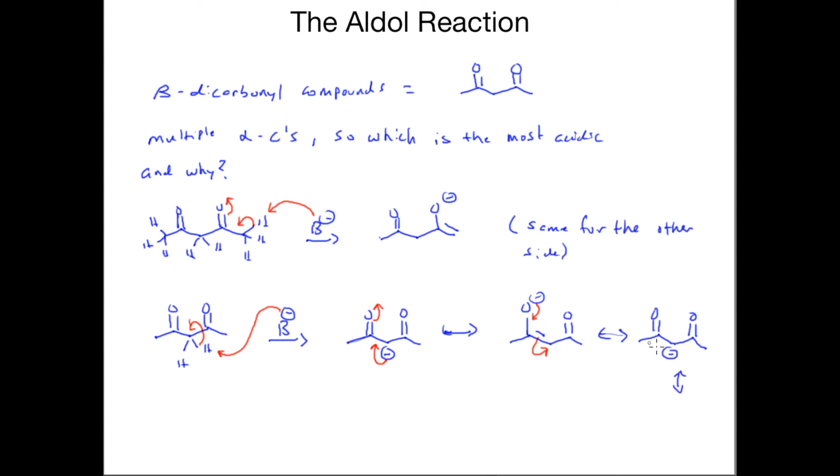What I can see from this is that since I have this beta dicarbonyl, the middle has more resonance structures. Because the middle has more resonance structures, it's actually more acidic, because the conjugate base is therefore more stable, and those hydrogens are therefore more likely to be deprotonated.